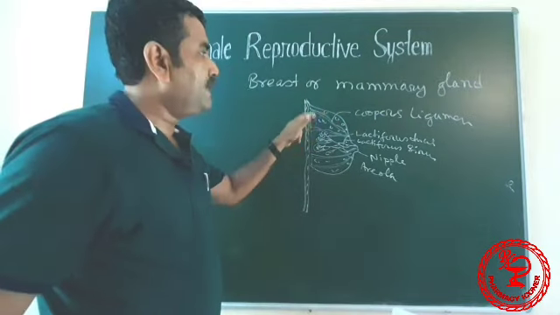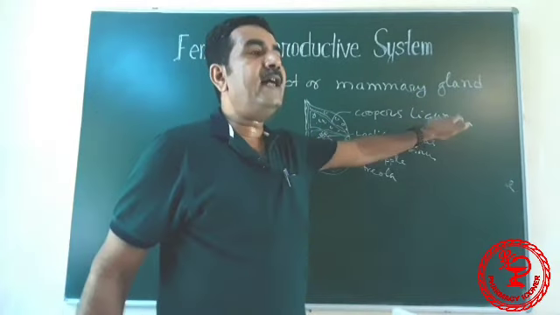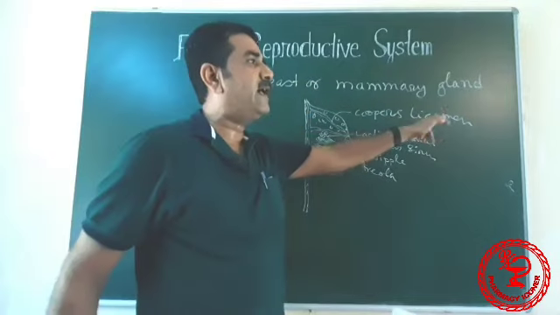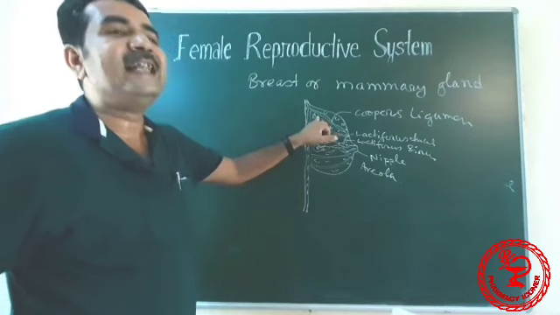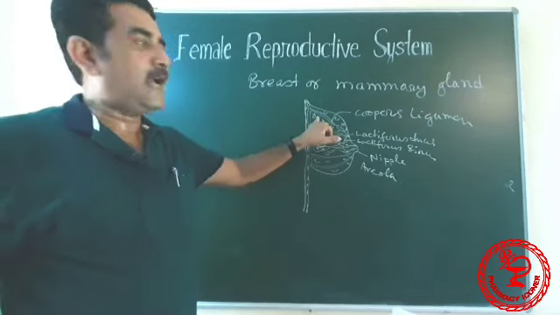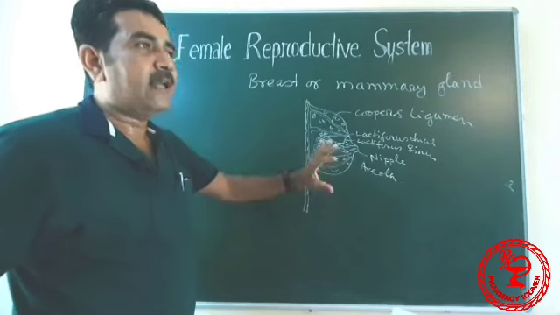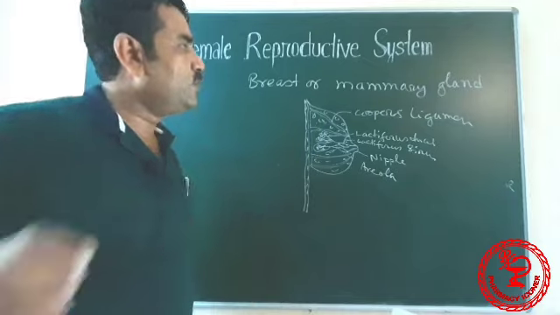This shape is supported by Cooper's ligament. With further increase in age, Cooper's ligament becomes soft and loses its elasticity, and the breast also loses its shape. That phenomenon is called Cooper's droop.